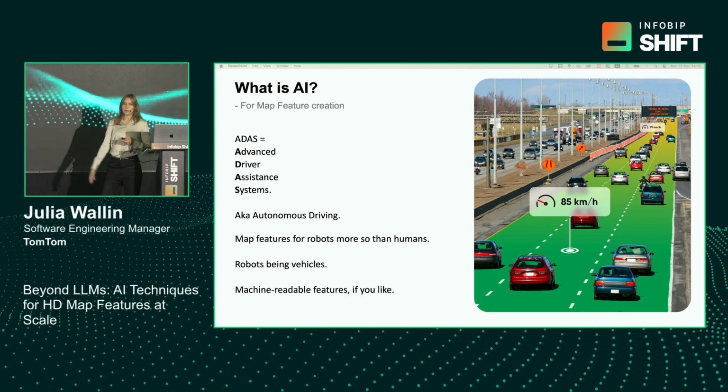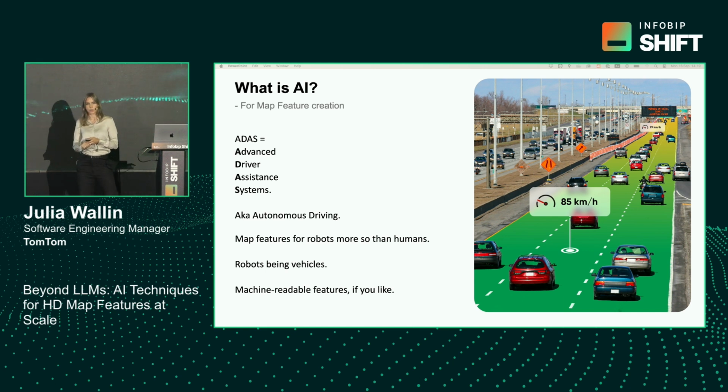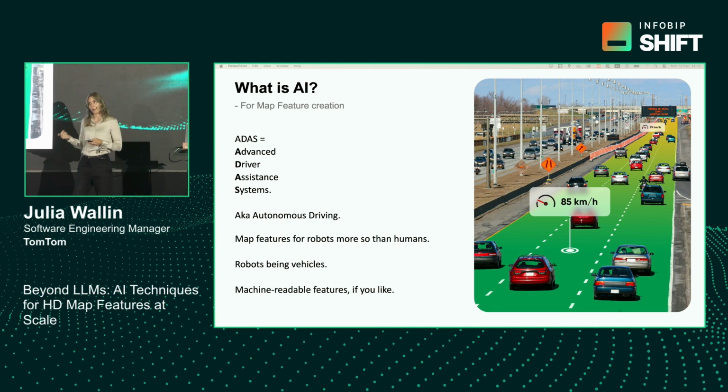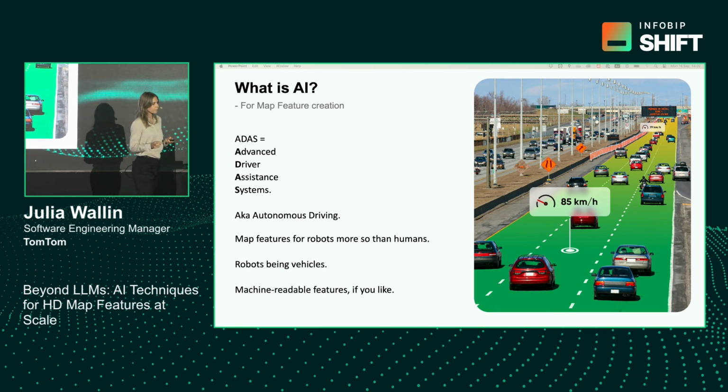ADAS stands for Advanced Driver Assistance Systems. These are the kinds of features that are needed for autonomous driving, but not only. ADAS features are very much expected or just already part of the map or GPS in modern vehicles.